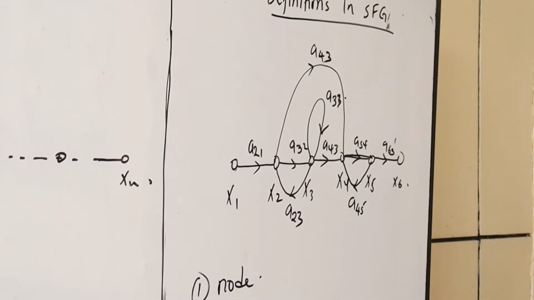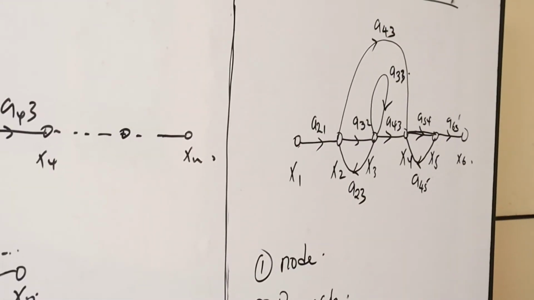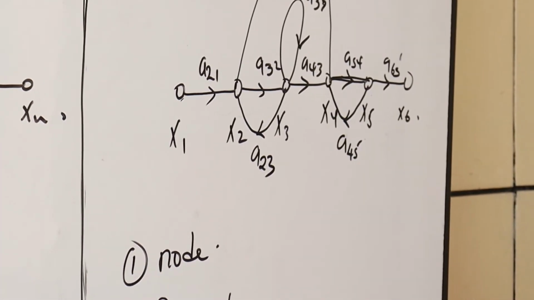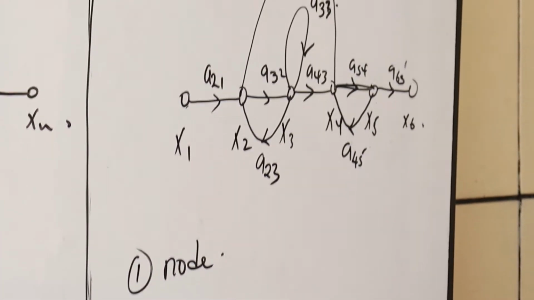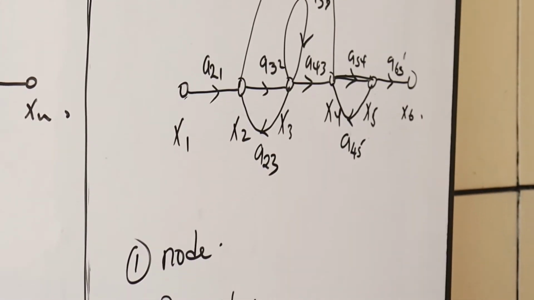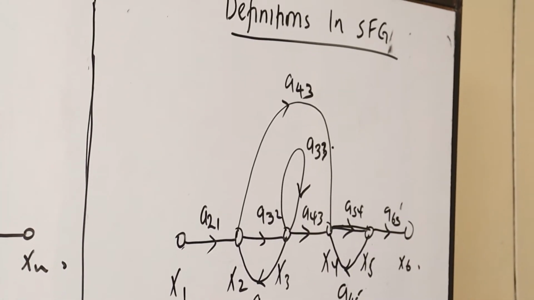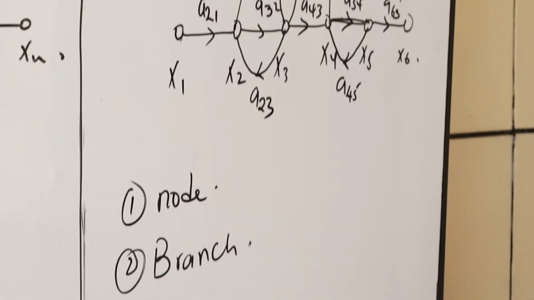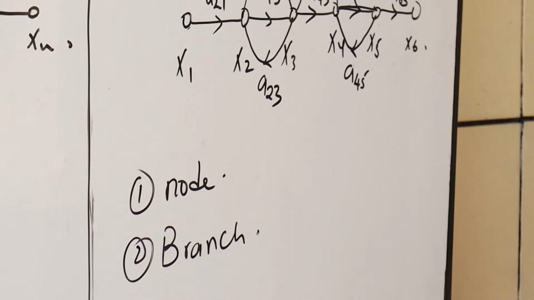Therefore, you can say that a branch is always where the signal travels from. A signal travels along a branch from one node to another in the direction indicated by the branch arrow. And this signal is always multiplied by the transmittance or the transmission function of that particular branch.